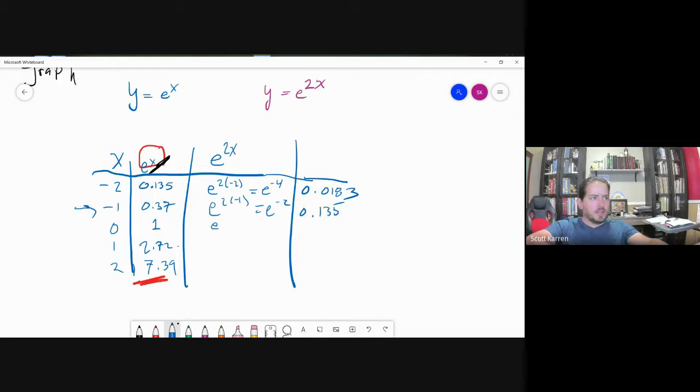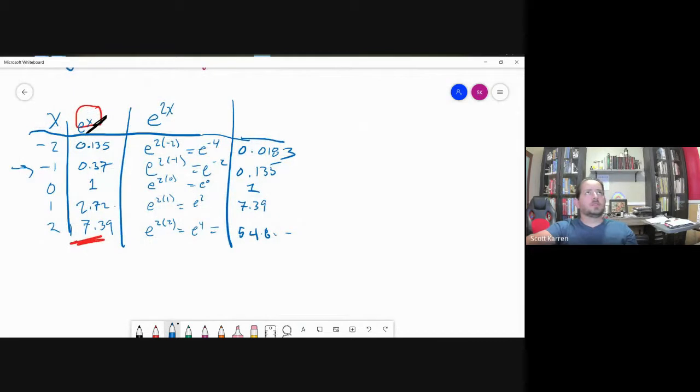If it's 0, then I have e to the 2 times 0, which is e to the 0, and that's 1. If it's 1, I have e to the 2 times 1, but that's just e to the 2. Throw that into a calculator, you'll get 7.39-ish. And then if x is 2, I get e to the 2 times 2, or e to the 4, and that is a lot. 54 point whatever, doesn't matter. It's not going to be on my graph. It's humongous, right?